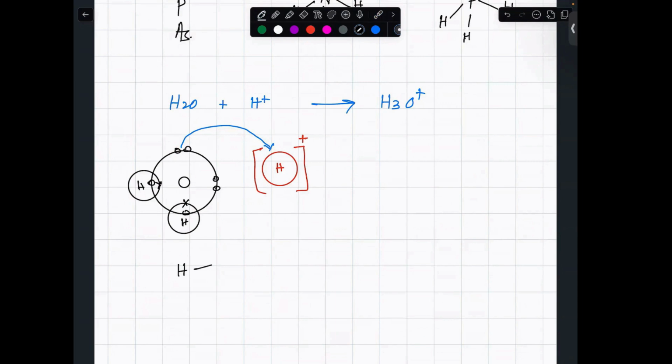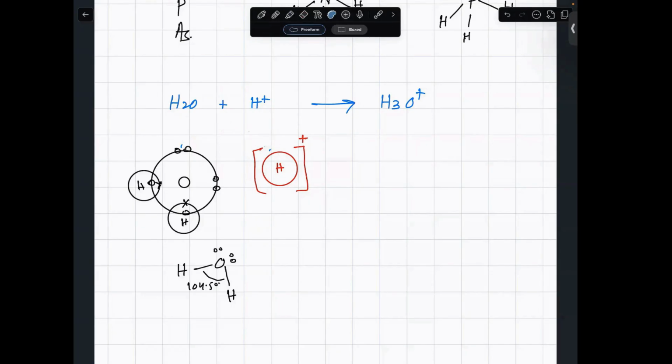Initially, it was bent. Why? Because there are 2 lone pairs and 2 shared pairs, and the angle is 104.5. Now, when there is this, let me copy it.